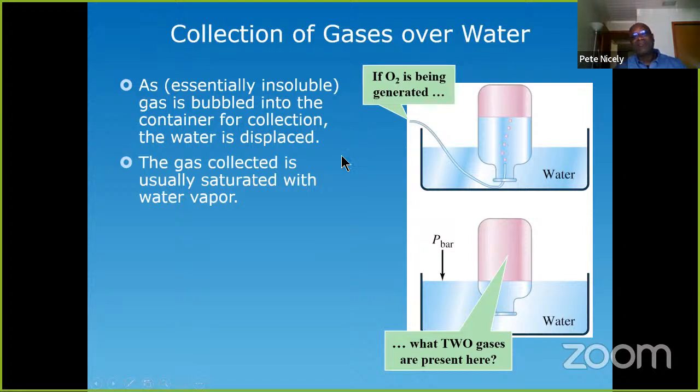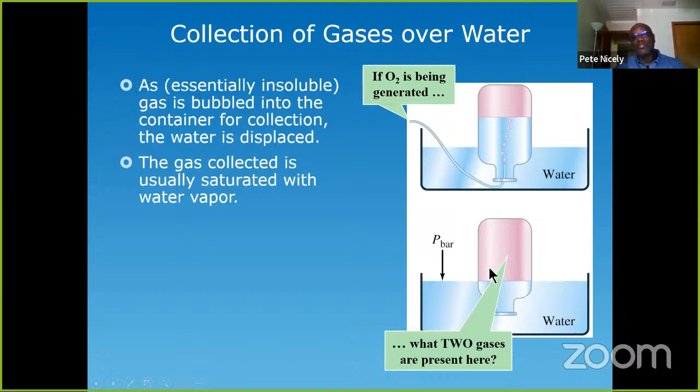When the reaction is taking place, it generates a gas, and the gas will be led into the jar and will accumulate above the water surface. So basically the water will be pushed down, and the gas will be collected over here, on top of the water. It will not dissolve in the water, and you can collect enough gas until the water level inside the jar is the same as outside.